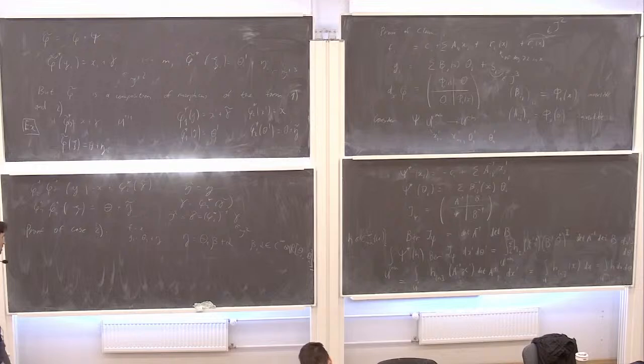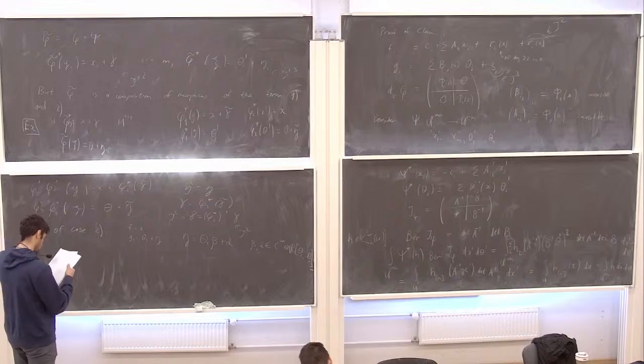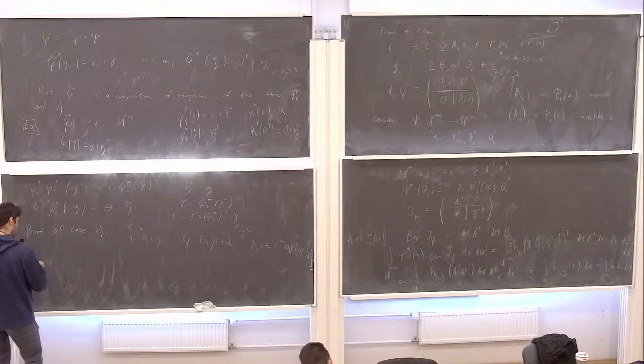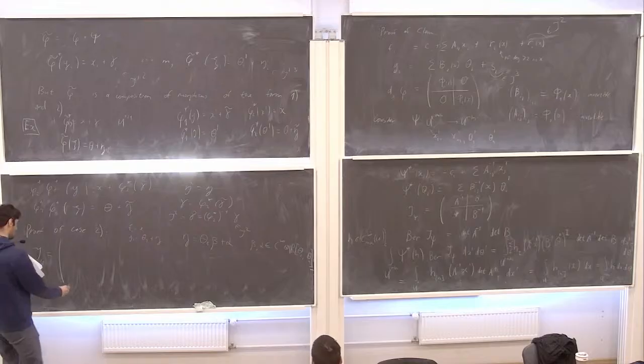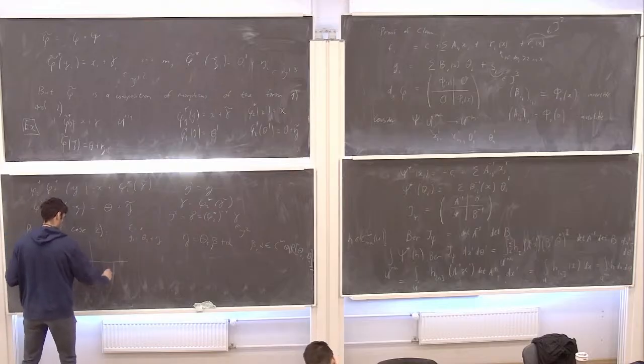If I do like that, then I can compute the Jacobian matrix. This would be, if I'm not mistaken, the following block matrix.